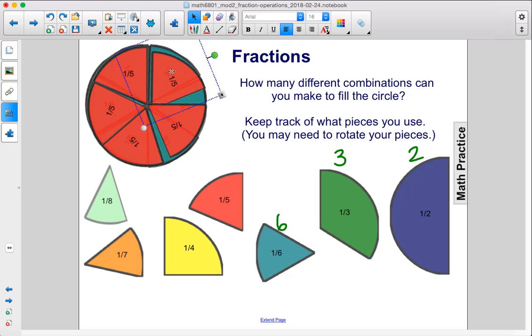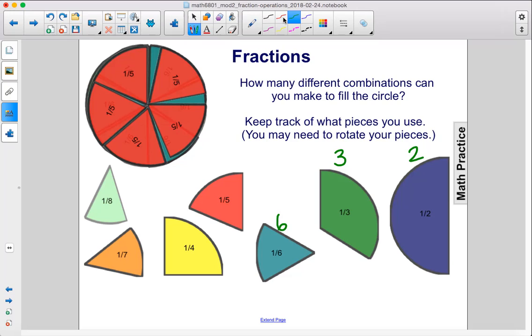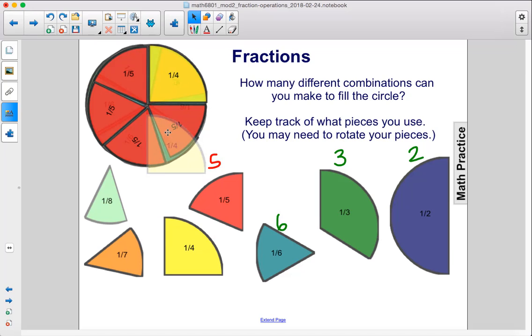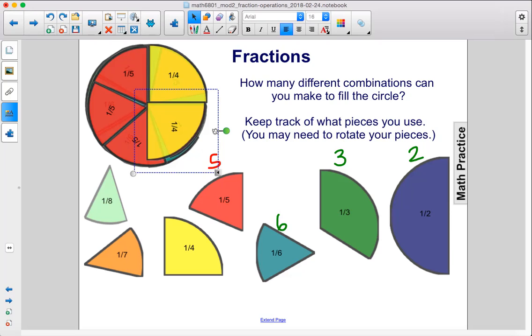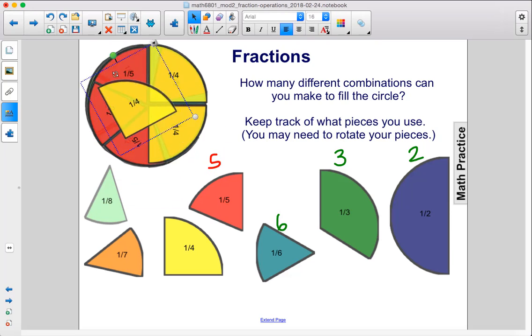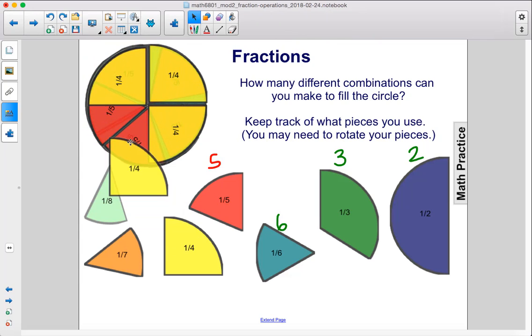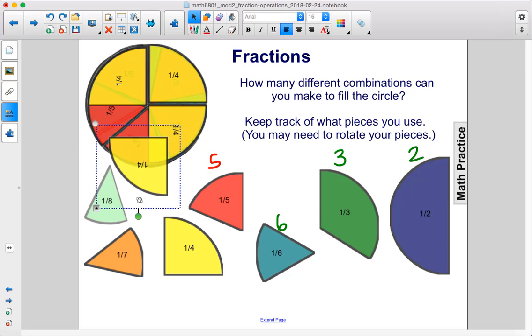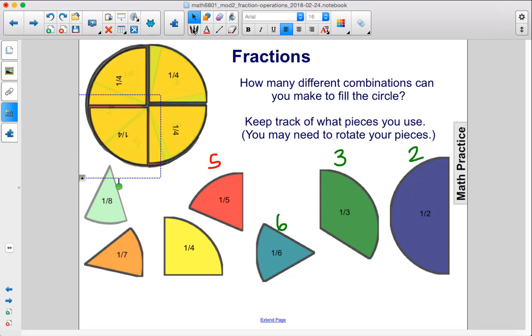These ones didn't fit as nicely, but take my word for it, the answer is 5. All right, then we have 1/4 over here, so we have 1, 2, 3, and 4. So it took 4 of these.